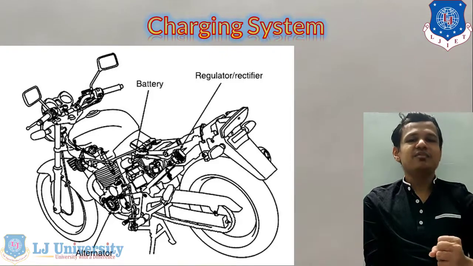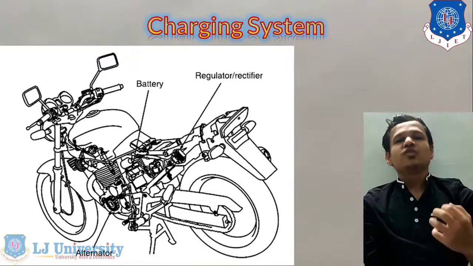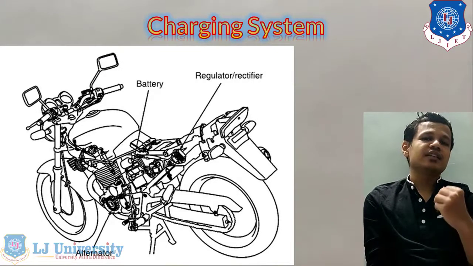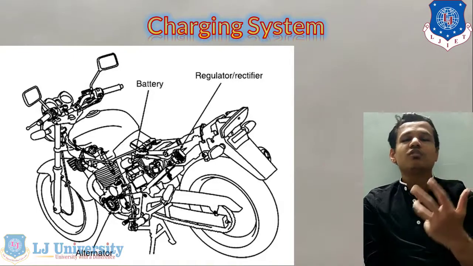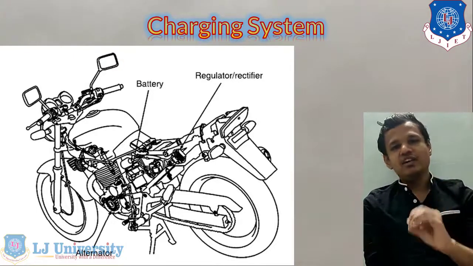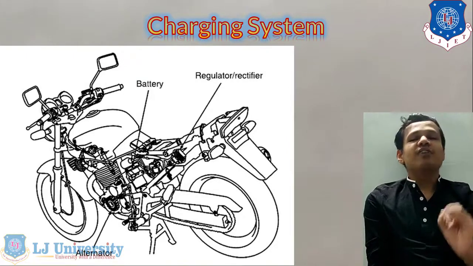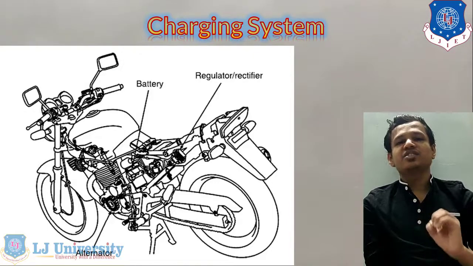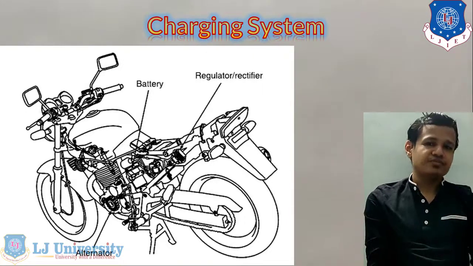There are times that we don't need to supply current to the battery. So what the regulator does is cut off the supply from the alternator to our battery whenever it is not required. The regulator will only supply current to the battery whenever the battery is in the discharged condition and whenever it is required.